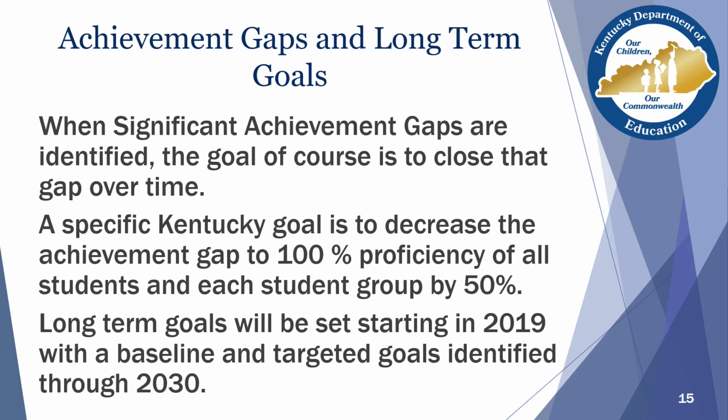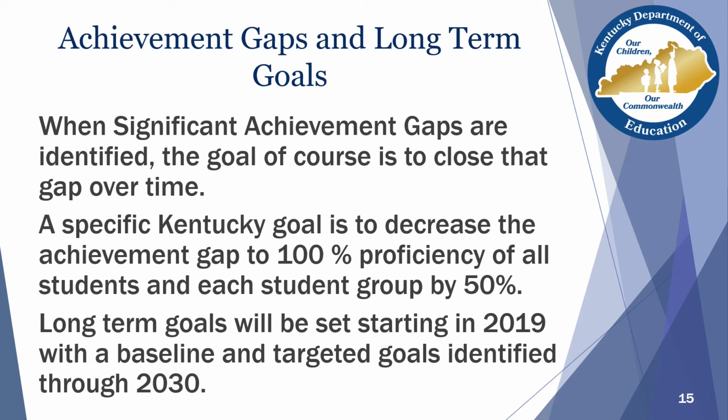Anytime an achievement gap is identified for any subgroup, or any student period for that matter, our goal should be to reduce or remove that learning gap, or gradually close it over time. In Kentucky, the goal is to decrease all achievement gaps to 100% proficiency for all students and reduce each student group by 50%.